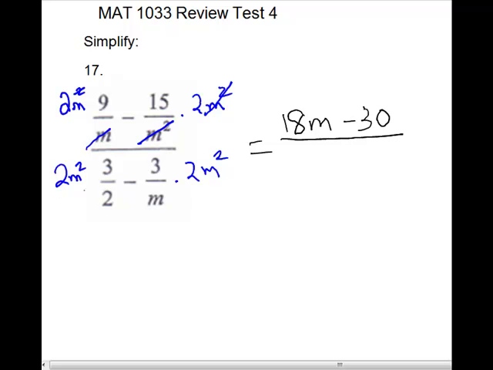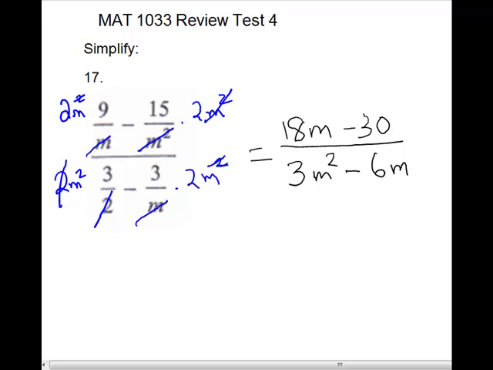On this denominator, my 2 will go to give me 3m squared. And on this one, that m will go with one of these m's to leave a minus 6m. And we'll see if we can factor to reduce.